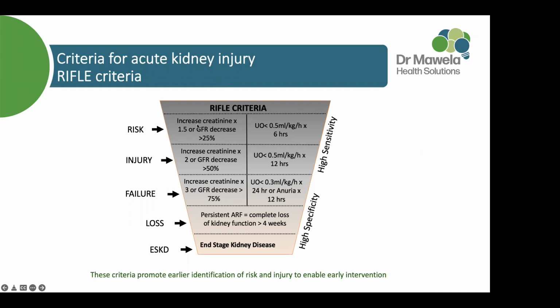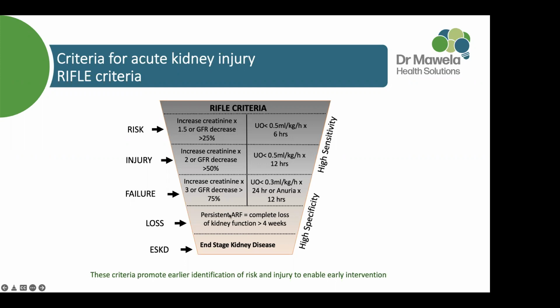So if you have a patient who has a slight increase in their creatinine, a slight decrease in the glomerular filtration rate or your eGFR in the HIV space, or they are not passing enough urine based on their weight, you start to think this person is at risk of kidney disease, and let's start to monitor them very closely, giving them appropriate nutritional advice, but also reviewing some of the drugs and other things that might be contributing to this change in kidney function.